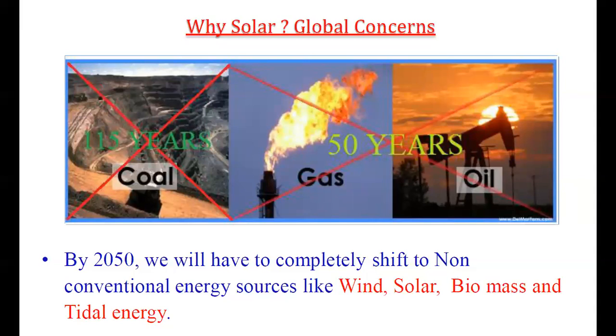Gas and oil are also in limited quantity and will exist for only about 50 years. After that, we have to shift to non-conventional energy sources like wind and solar for producing electrical energy. So on this criterion, solar is the most emerging technology for the production of electrical energy.